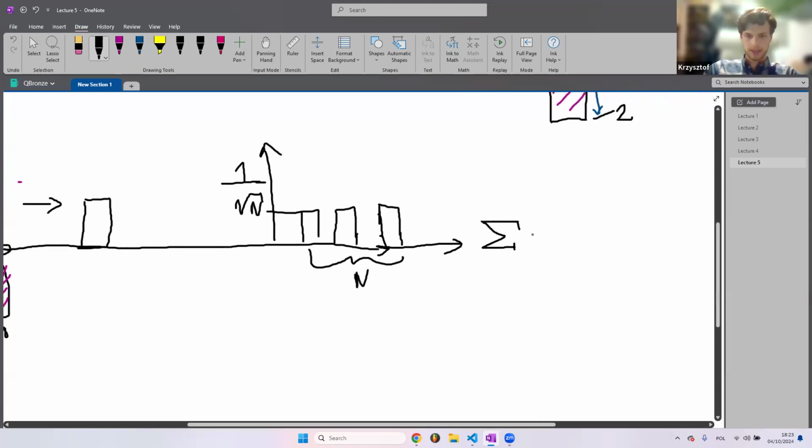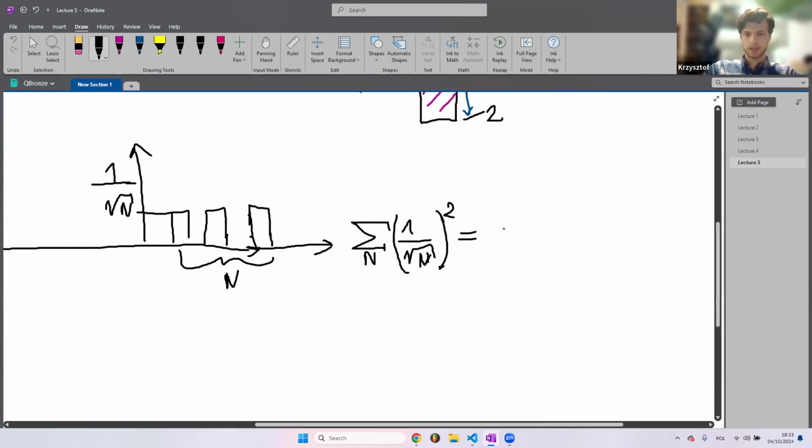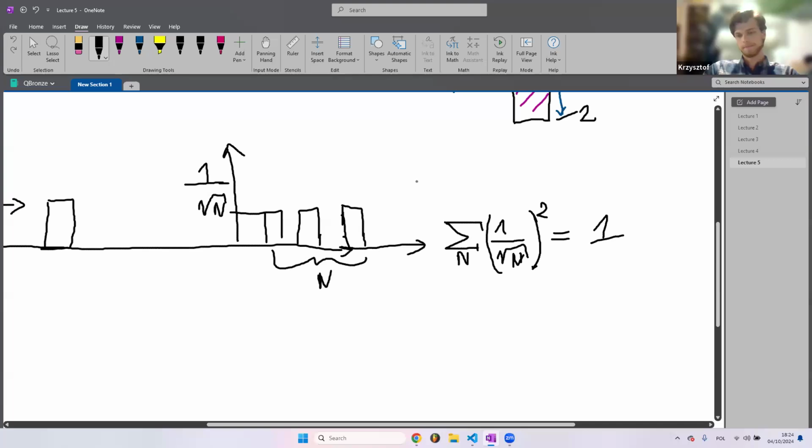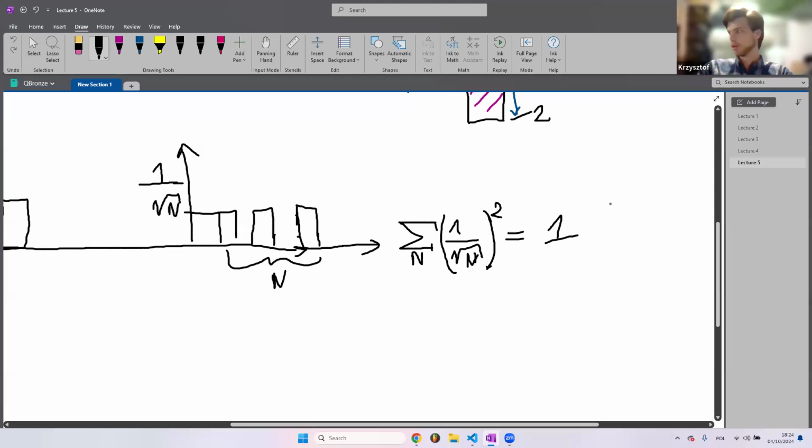And you can verify this by summing all n elements with the square root of n squared, because in quantum mechanics, the probability is described as amplitude squared. And this should give us 1, because this is a quantum state. So the probability of measuring all states must be equal to 1.